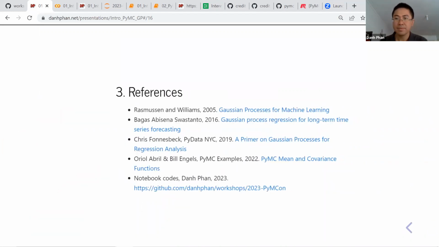So I have some references here for that part, and the data set and most of the code is from Chris's talk in 2019, and also other references here for the mean function, and the notebook is also here.